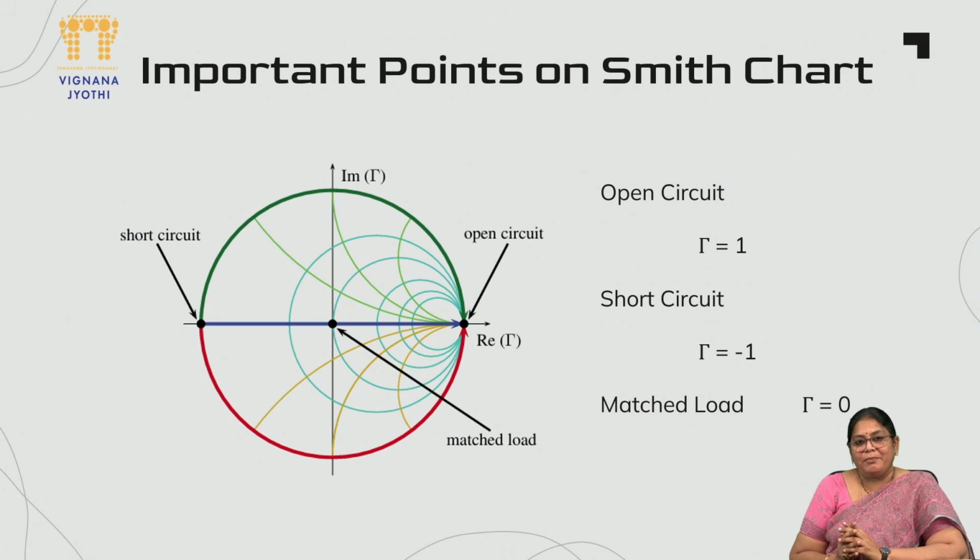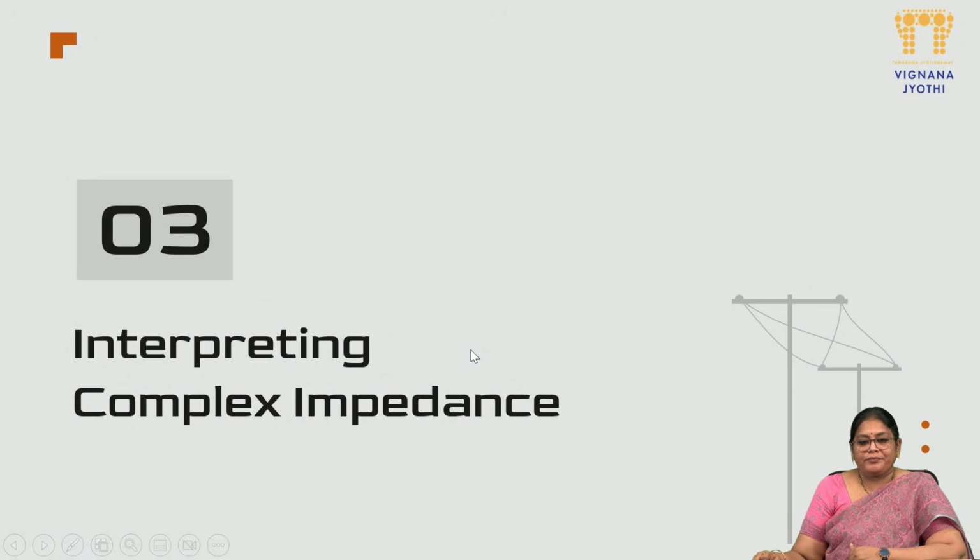All the signal coming from your source is absorbed by your matched load, and that is why your reflection coefficient is equal to 0. Similarly, for an open circuit, rho is equal to 1, and for a short circuit, rho is equal to -1. Like this, we have all the points marked on the Smith chart.